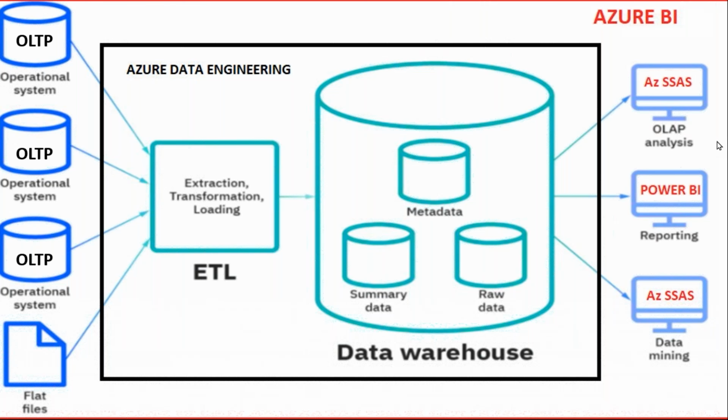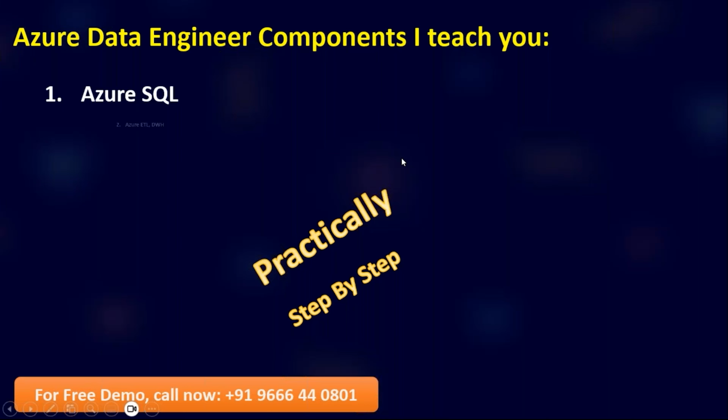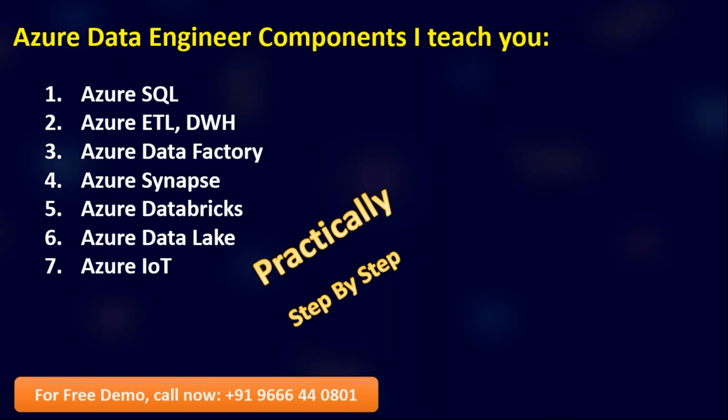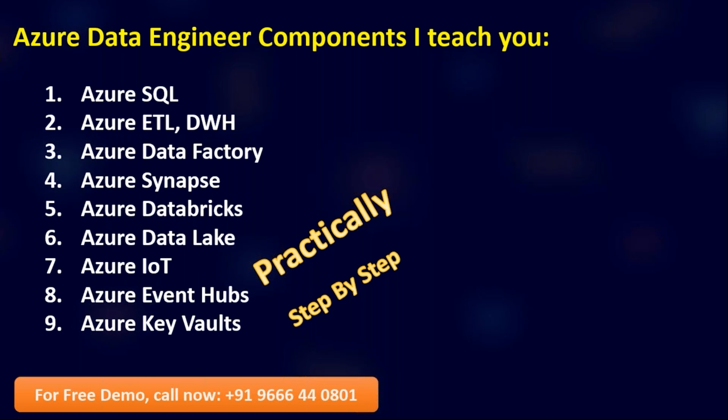In our classes from tomorrow, we are going to slowly learn Azure SQL, Azure ETL and warehouse, data factory, Synapse, Databricks, data lake, IoT, event hubs and key vaults. IoT, event hubs and key vaults are good friends for stream analytics component, live streaming data.